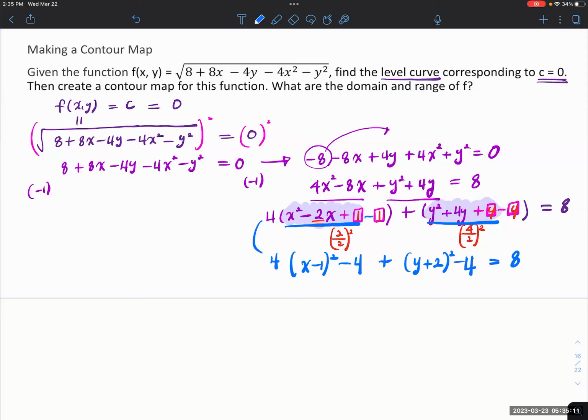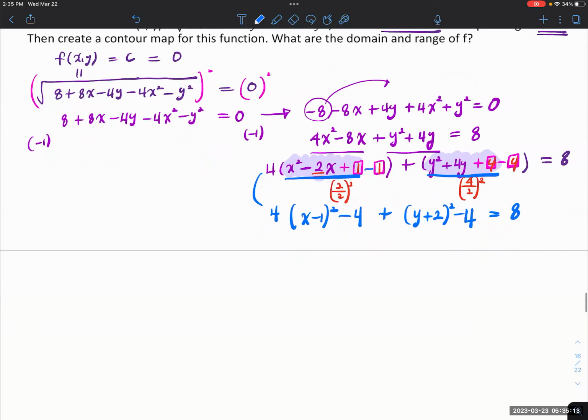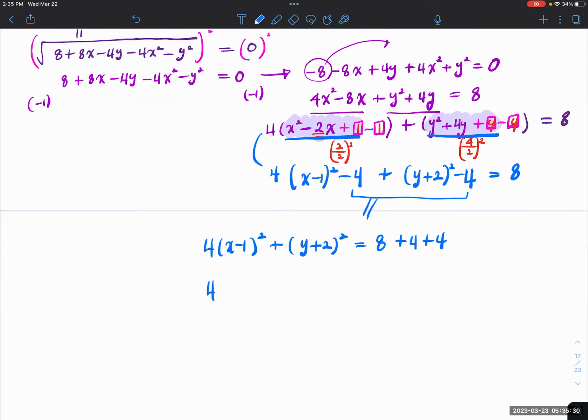So let's keep organizing. Now it means we have 4 times (x minus 1) squared plus (y plus 2) squared. I'm going to move this to the other side. So 8 plus 4 plus 4. Keep going. 4(x minus 1) squared plus (y plus 2) squared will be 16.